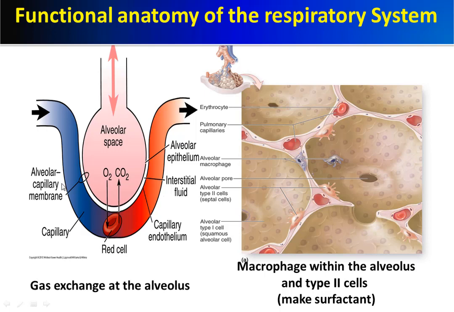So here we have the major function of the respiratory zone, which is the exchange of gases at the alveoli. Oxygen diffuses from the alveolar air into the blood in the pulmonary capillaries, and carbon dioxide diffuses in the opposite direction from the blood in the pulmonary capillaries into the alveolar air in order to be eliminated to the atmosphere.